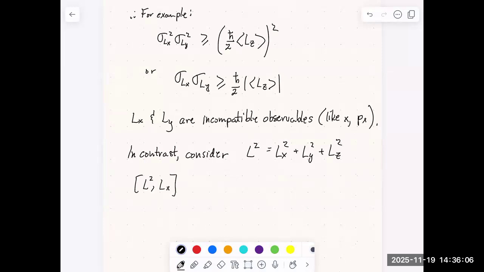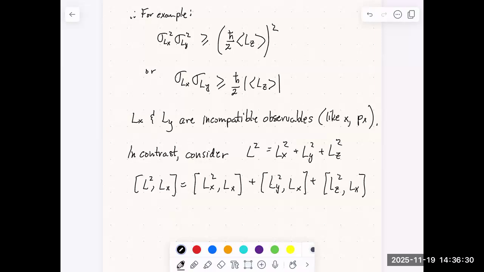We're going to consider the commutator between L squared and Lx. Okay, so that's going to be Lx squared with Lx, Ly squared with Lx, and Lz squared with Lx.